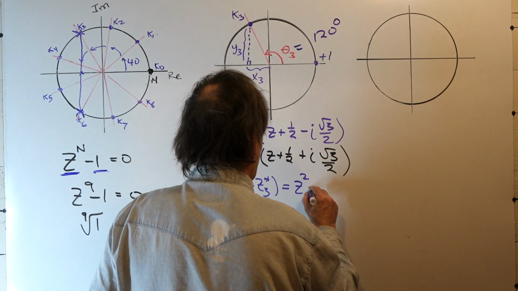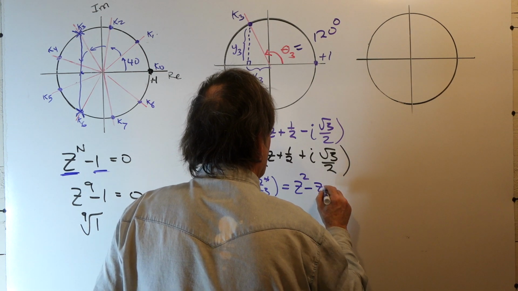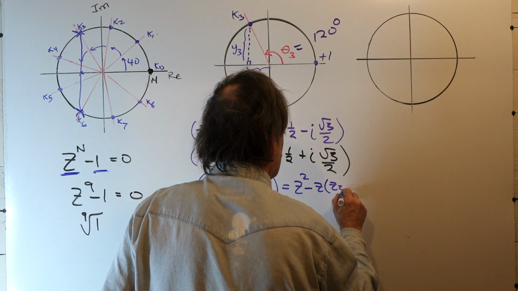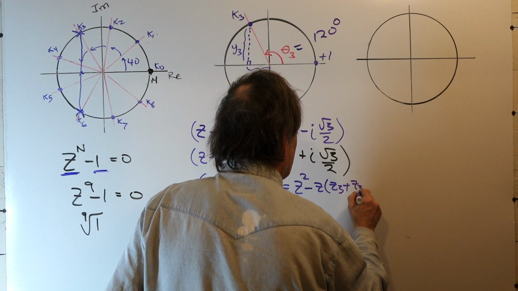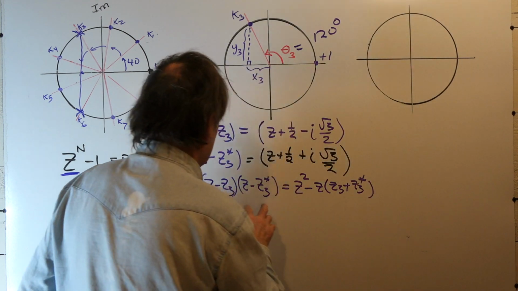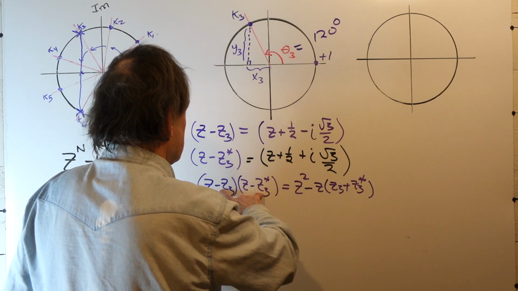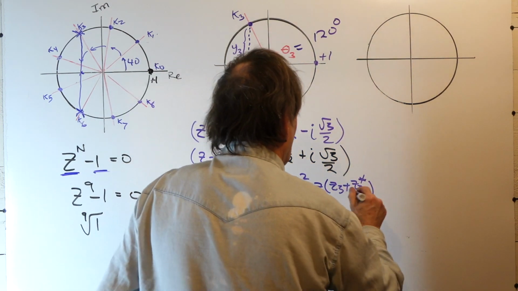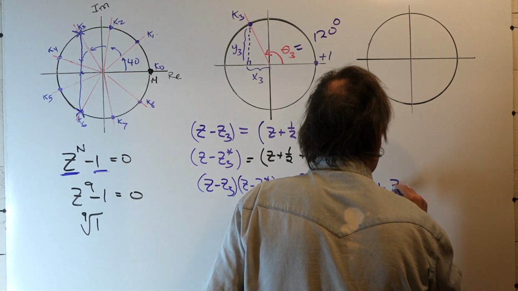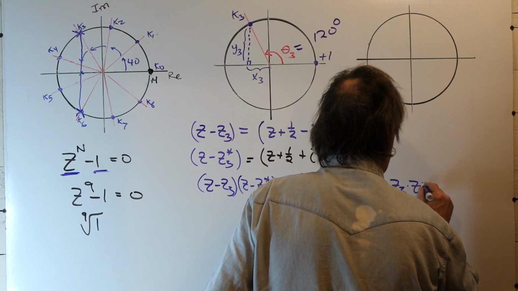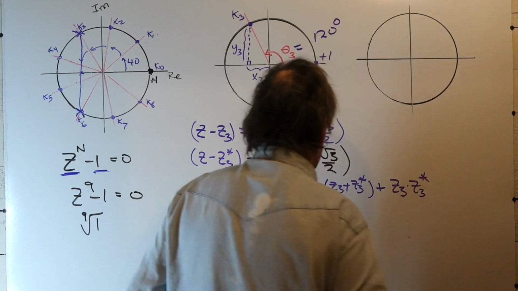So I can pull out the minus z, and I have z3 plus z3 conjugate. And then the last term, I have a minus z3 times a minus z3 conjugate, which is a positive z3 times z3 conjugate.